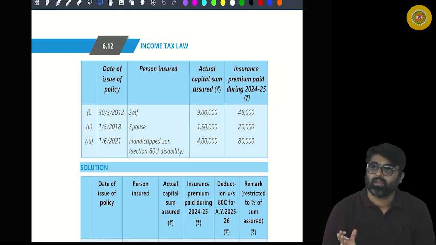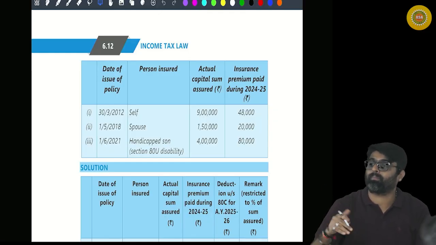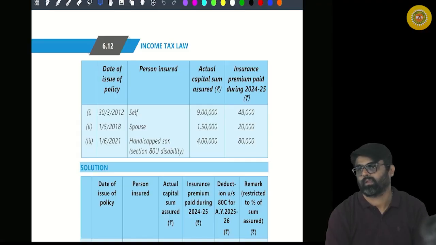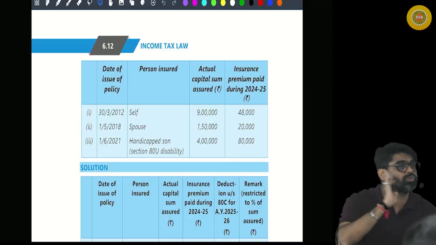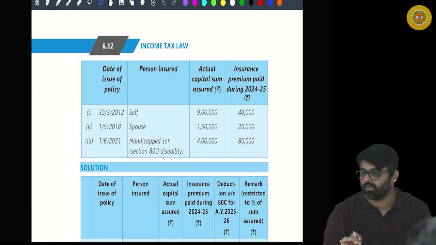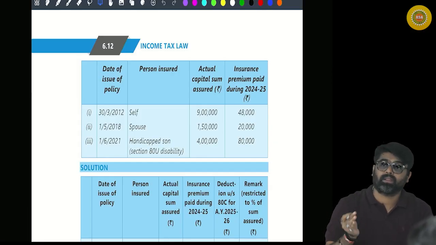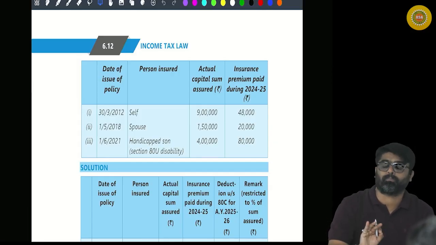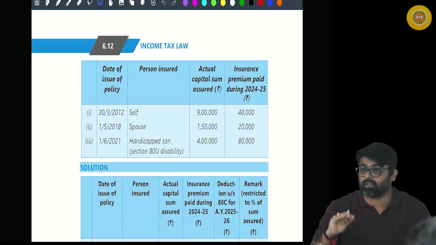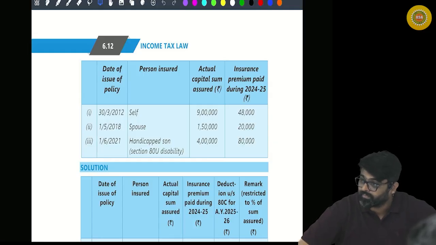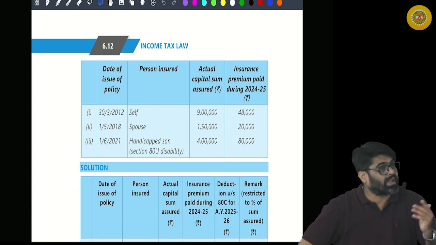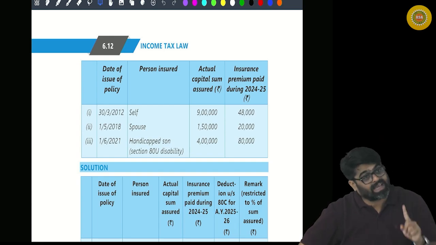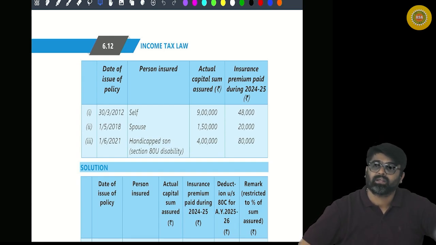Now see, life insurance premium can be paid to any insurance company. It can be paid to LIC also, or to any other insurance company. But remember that whenever you are paying the life insurance premium, there is no requirement that the premium should be paid by prescribed modes other than cash. Even if the life insurance premium is paid in cash, it will still be allowed as a deduction.